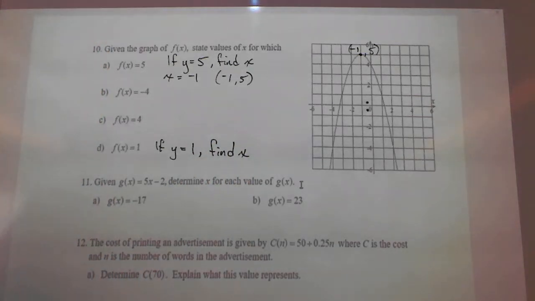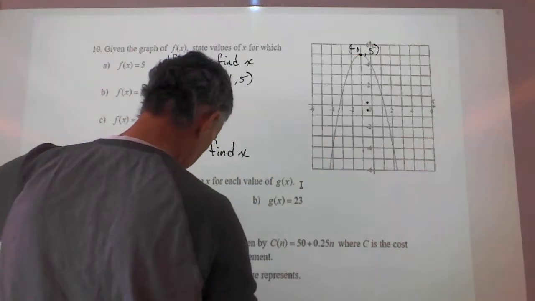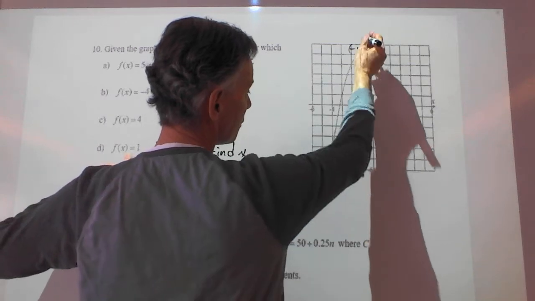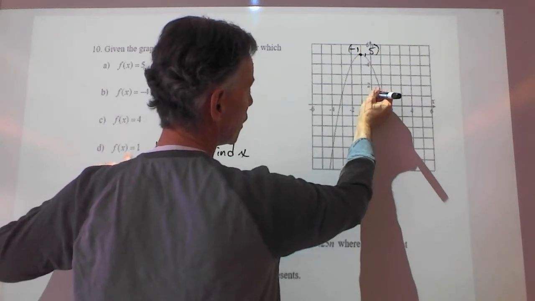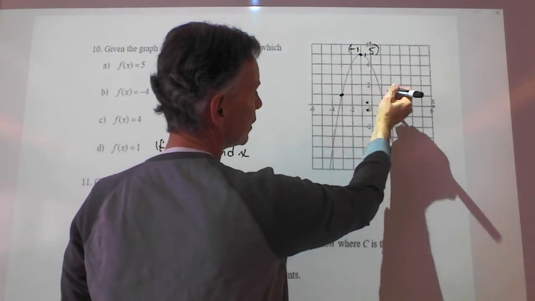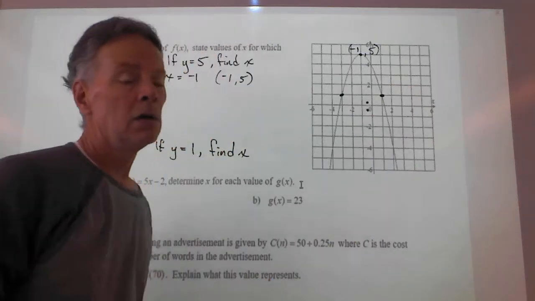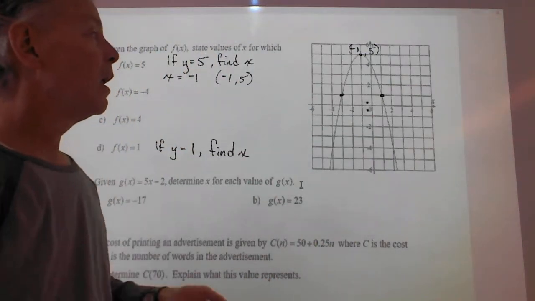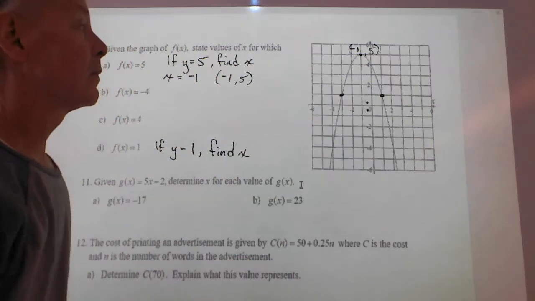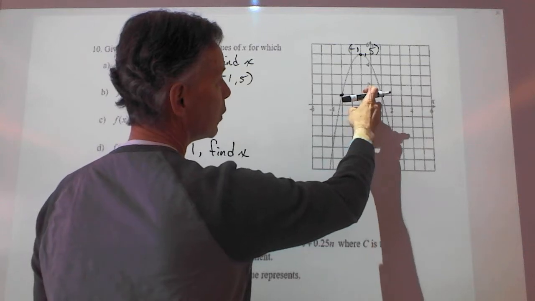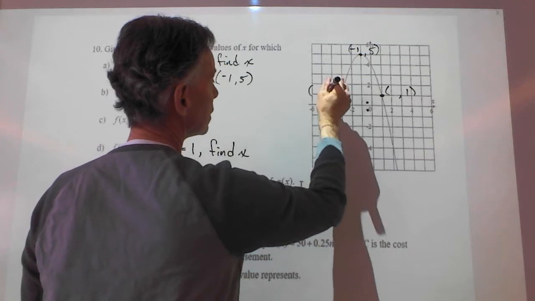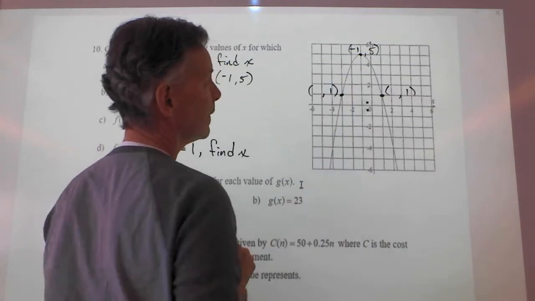Well, y equals 1 simply means we're going to go up 1, right? Positive is up, negative is down. So we're going to go up 1. Now, the first thing you'll notice is if we go up 1, there are actually 2 points that are up 1. Okay? Don't worry about that. All that means is there's 2 correct answers. So, when you go up 1, there's this one and that one.